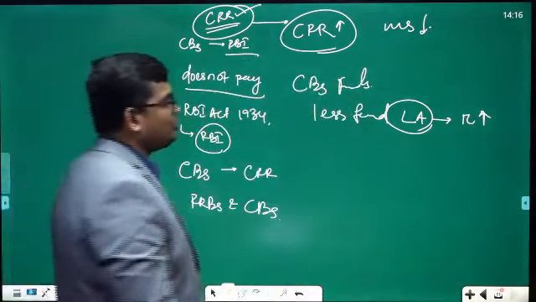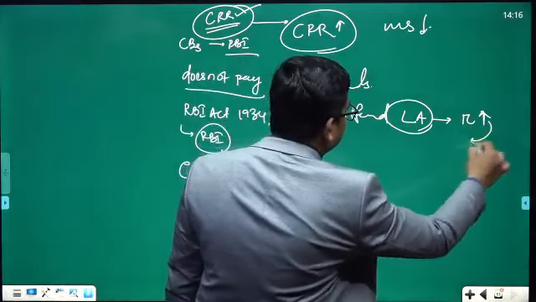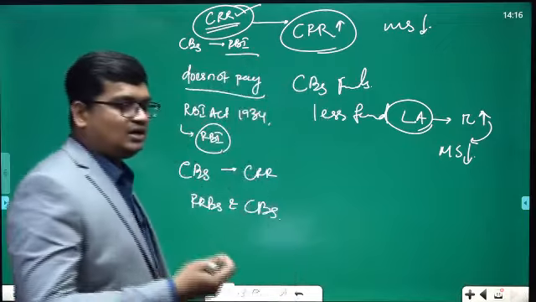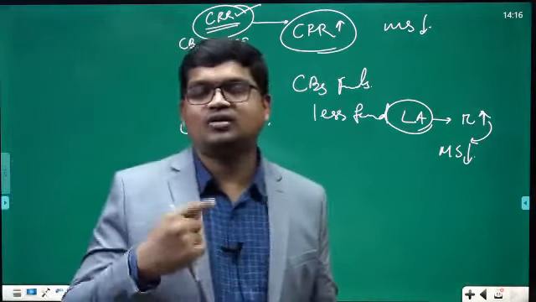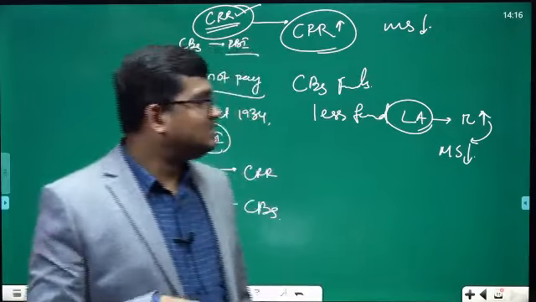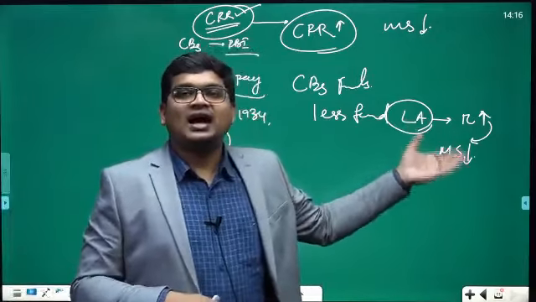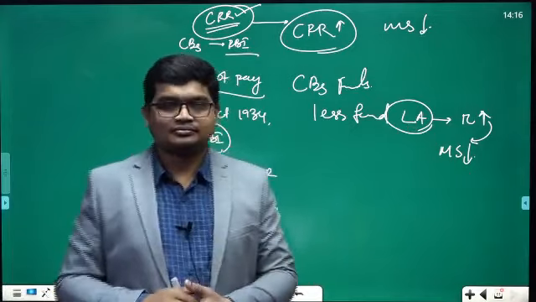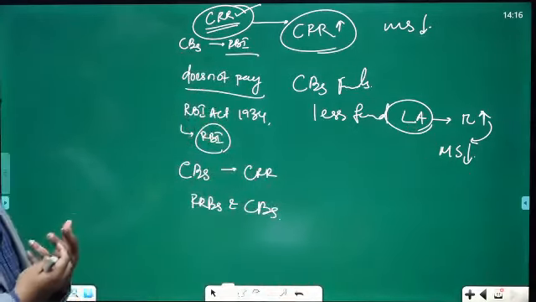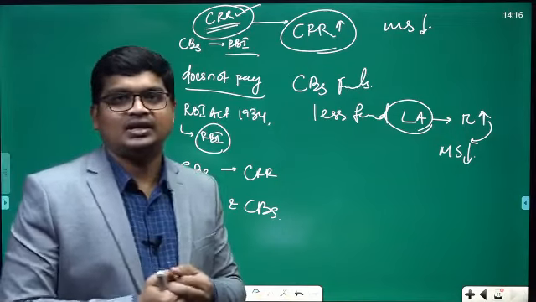When the cost of borrowing increases, it affects the money supply, because people will take lesser loans or less borrowing from the commercial banks, since they are charging a higher rate of interest. So that is how CRR affects the money supply in the economy.